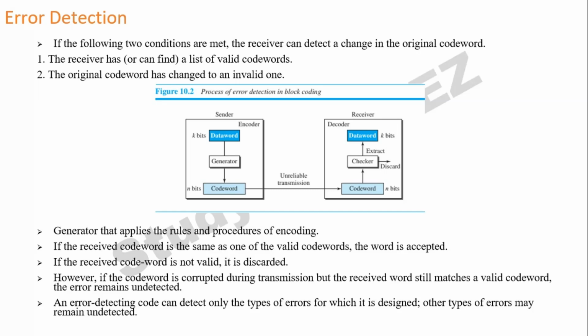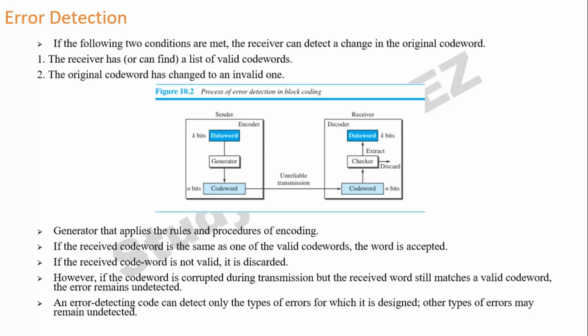And the original code word has changed to an invalid one. This is also important. Sometimes the original code word might have been changed to an invalid one. So you have to make a note of these two conditions and check them.